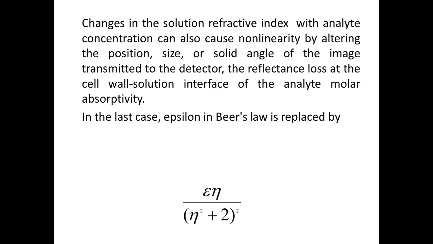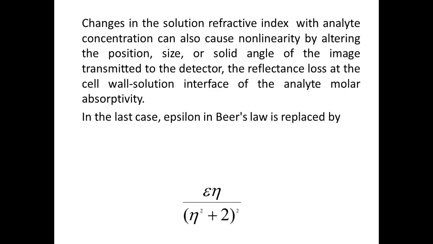This condition is generally observed when the concentration of analyte is in the range of 10 raised to minus 6 molar to 10 raised to minus 3 molar. If we increase the concentration, deviation from Beer-Lambert's law is observed. Change in the refractive index will be there with the increase in analyte concentration.